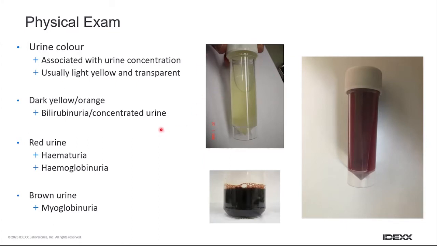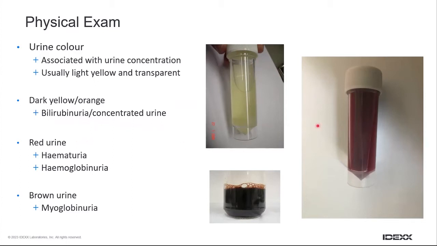So when it's a dark yellow or orange color, that could be just due to the animal being dehydrated and producing concentrated urine, or potentially that could also indicate bilirubinuria, which will require further investigation. So ultimately, just the color alone can help guide you in the next steps.